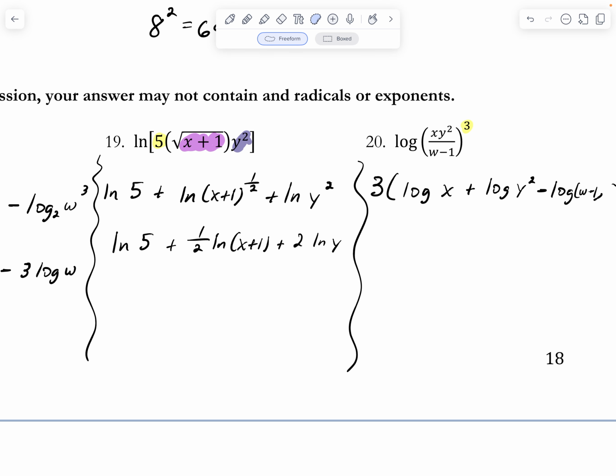Both of these need parentheses for that argument. Great. And then I'm going to move any powers to the front. If you wanted to distribute that 3 to each log, you could, and write 3 log of x plus 6 log of y minus 3 log of w minus 1. It's your call. You can leave it like this or distribute.